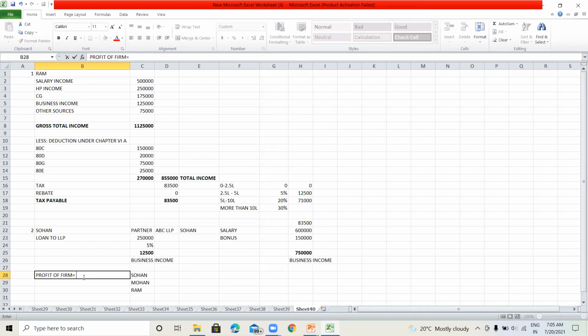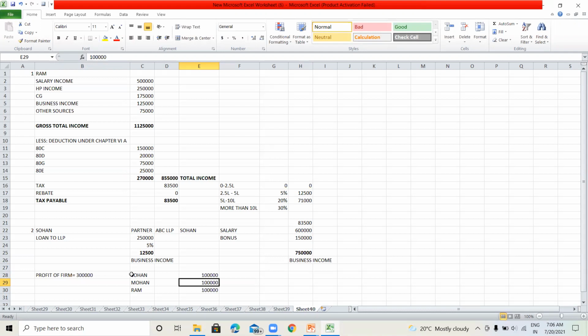For the example, 3 lakh rupees is the amount of profit of such LLP. So 1 lakh, 1 lakh, and 1 lakh will be distributed between the partners. The 1 lakh earned by Sohan, Mohan, and Ram will be considered as partnership profit, and the partnership profit will be taxable in the hands of the partnership firm.